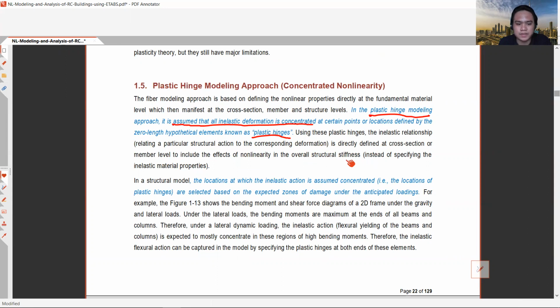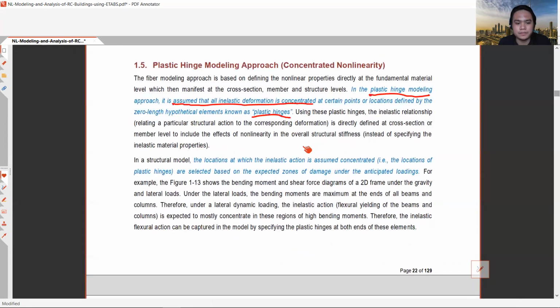Okay, so instead of specifying the inelastic material properties, in the structural model daw, the location at which the inelastic action is assumed concentrated is the location of the plastic hinge. So example, the location of the plastic hinge, nandun daw lang yung assumed concentrated inelastic action. So it is based on the expected zones of damage under the anticipated loading.